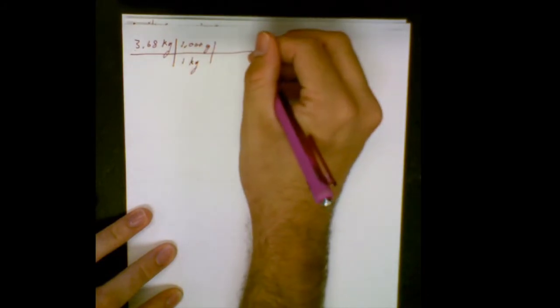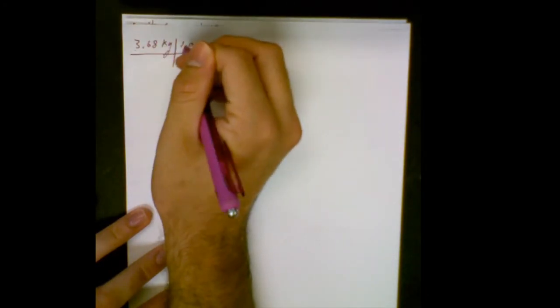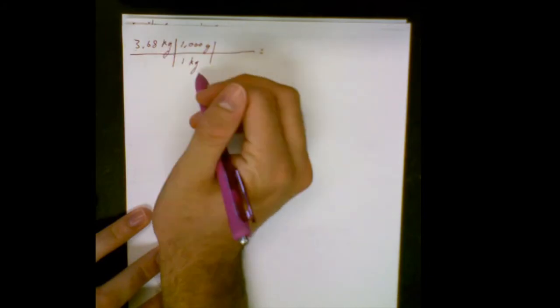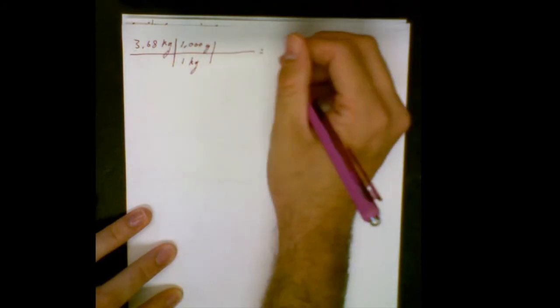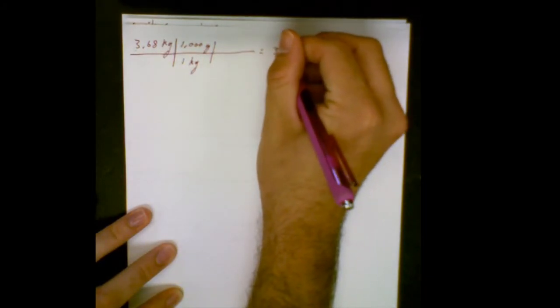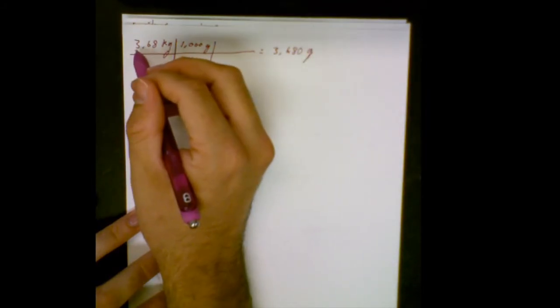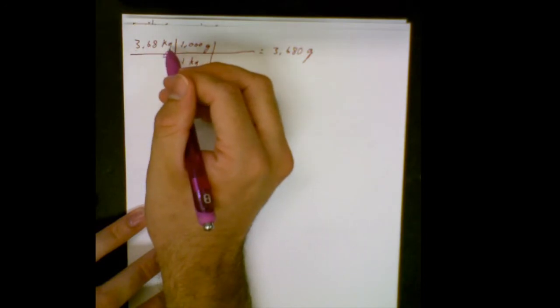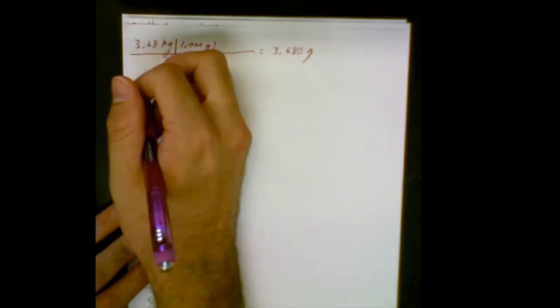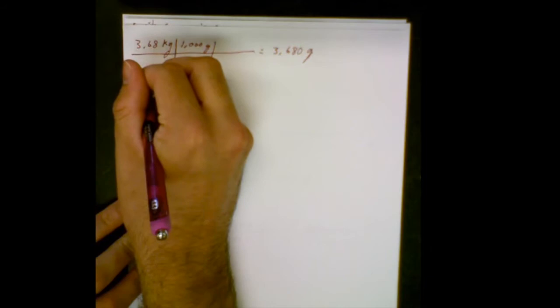So I multiply what's on the top, divide what's on the bottom, that gets rid of this kilogram unit, gives us the gram unit, and we find that there are 3,680 grams in 3.68 kilograms.